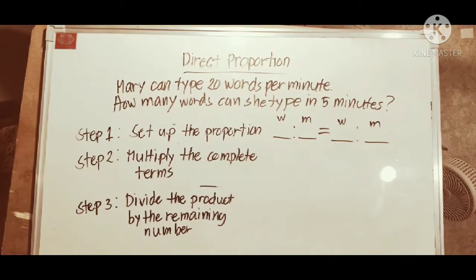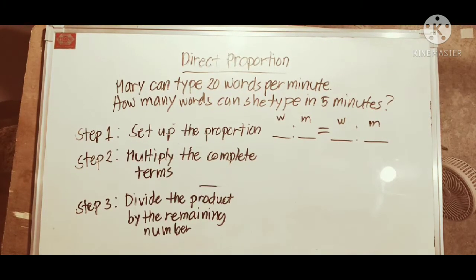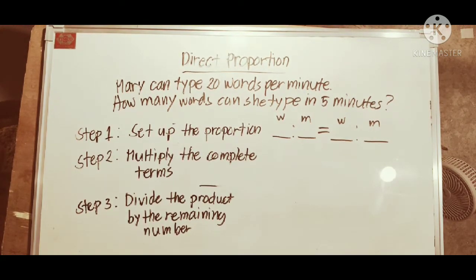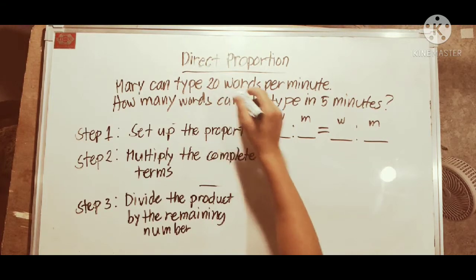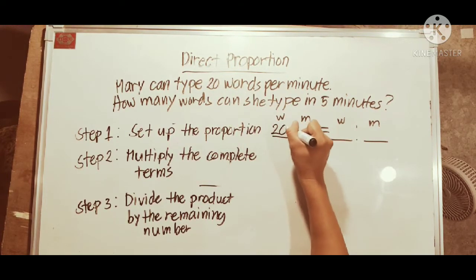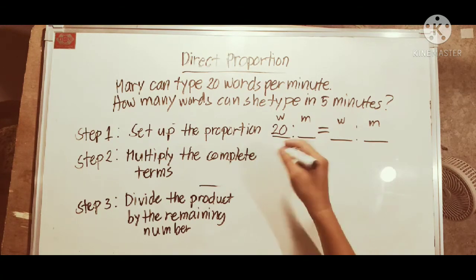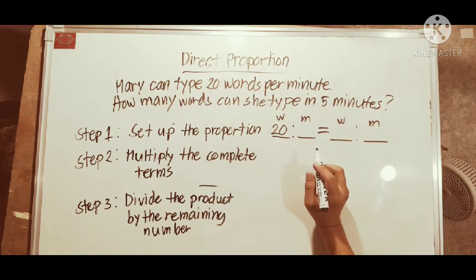So, when you say per, it talks about 1. No? Yung an apple, that means 1 apple. A minute, that means 1 minute. Yung per minute, that means 1 minute. Per hour, that means 1 hour. So, yung 20 words, Mary can type that in 1 minute. Yan yung nakatagong number dyan.